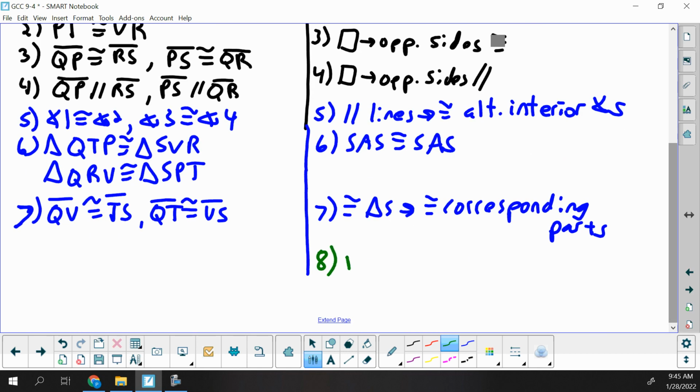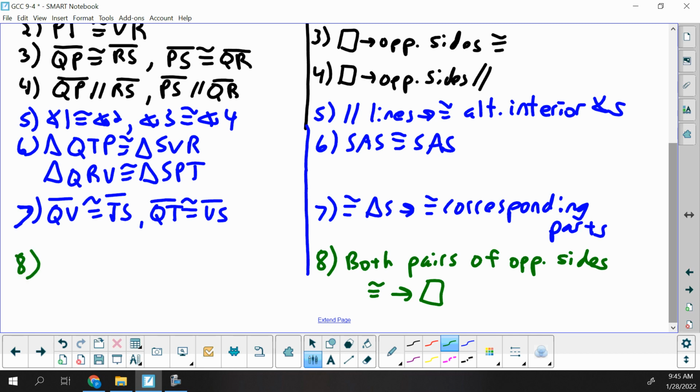So our final reason will be both pairs of opposite sides congruent implies parallelogram. And our statement is just that TSVQ is a parallelogram.